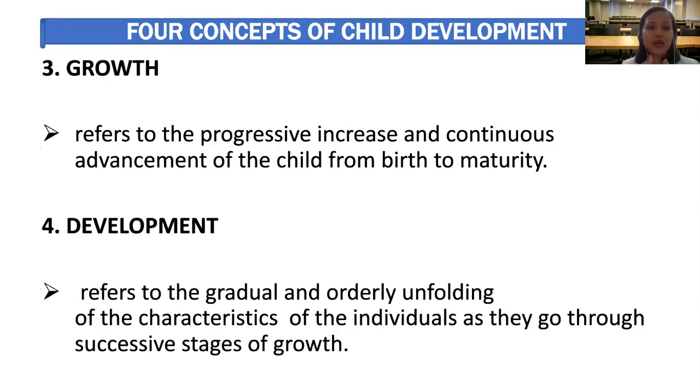Next, we have growth. It refers to the progressive increase and continuous advancement of the child from birth to maturity. Examples are the growing Adam's apple for the boys and the enlargement of breasts for the girls.